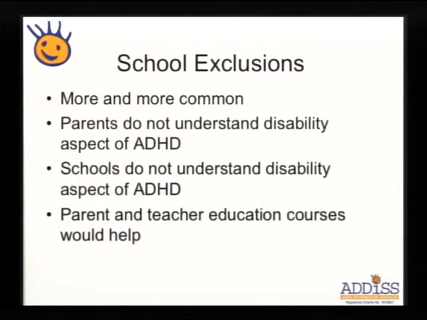School exclusions are very, very common with ADHD. And one of the problems is that parents and schools don't understand the disability aspect of ADHD. A lot of people still don't understand why this is a disability. And when we look at the executive functions in the brain, and you probably know much about this, a lot of the way the brain works creates that impairment.